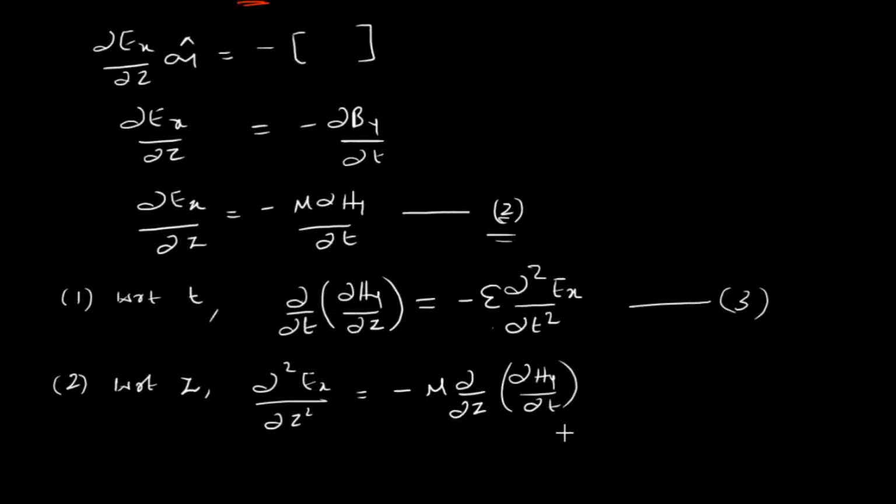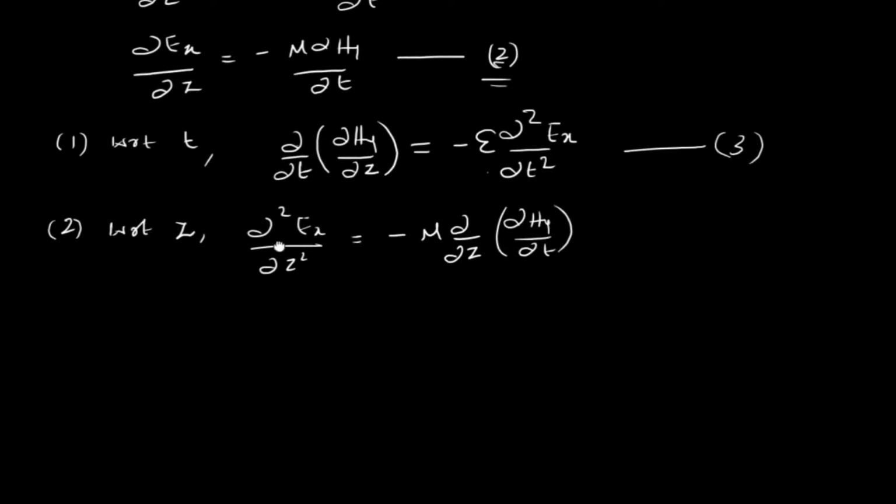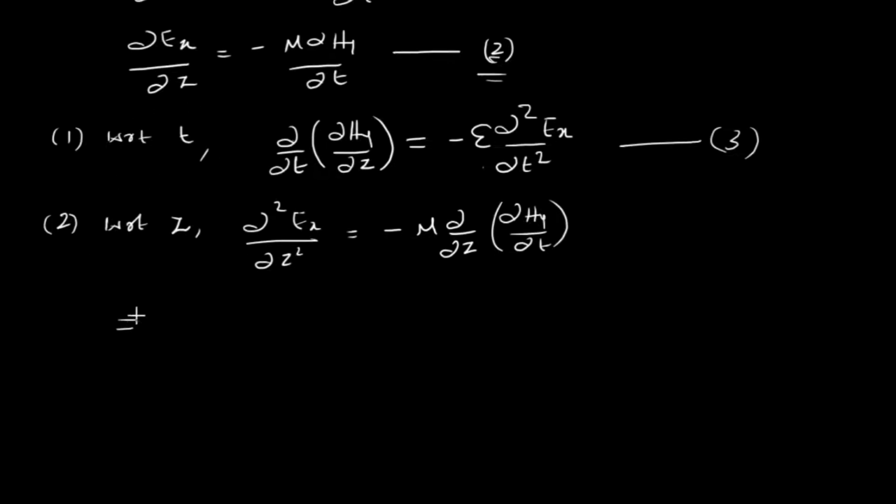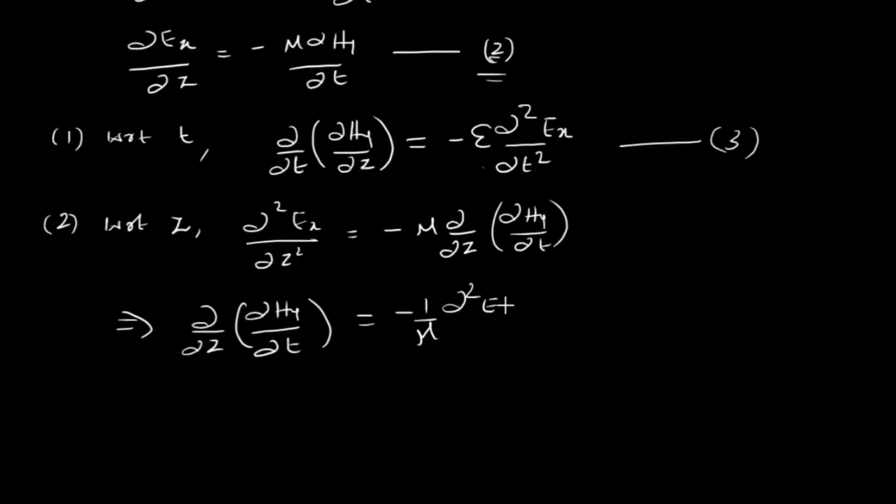I will keep del by del z of del Hy by del t here, and this mu I will take to the other side. These manipulations are done so that I get a direct relation between equation number 1 and 2. So del Hy by del t will be equal to, this mu goes to the other side so this becomes 1 by mu, so minus 1 by mu del square Ex by del z square.